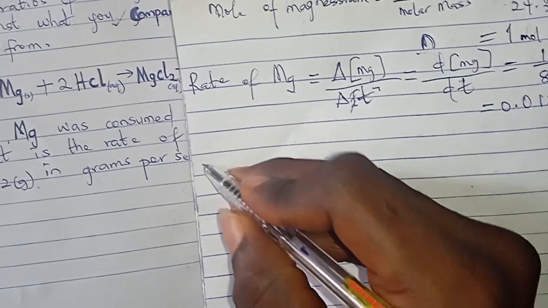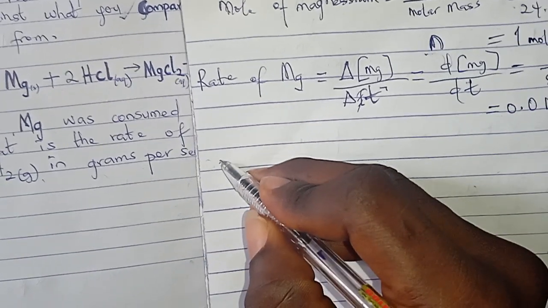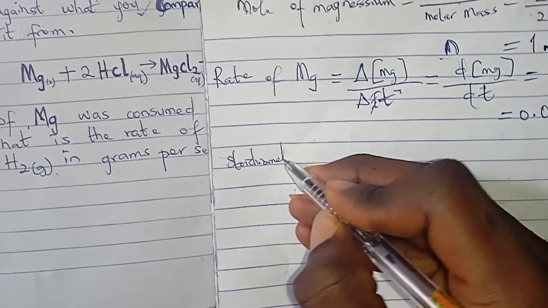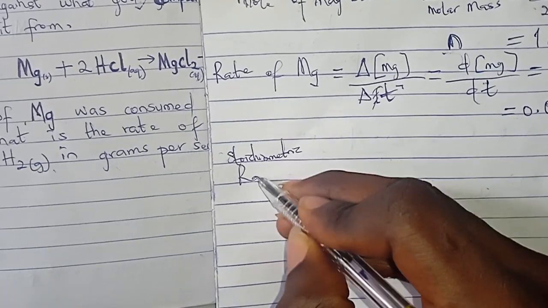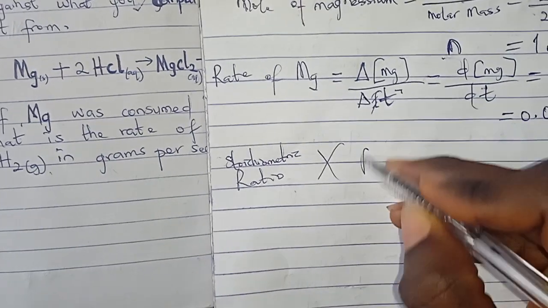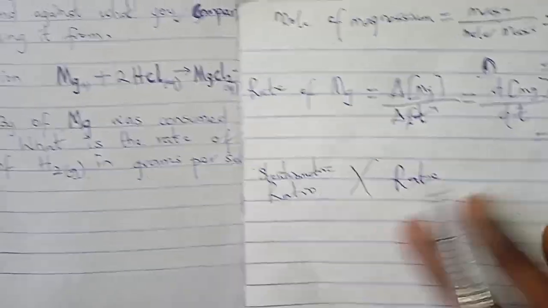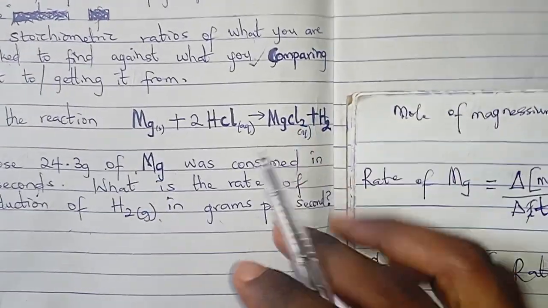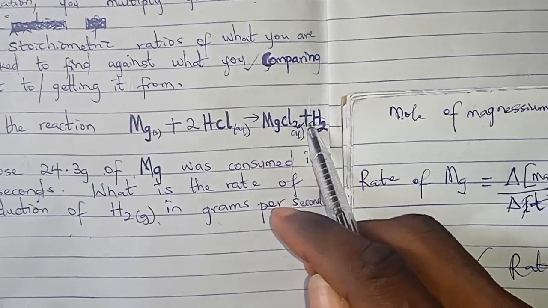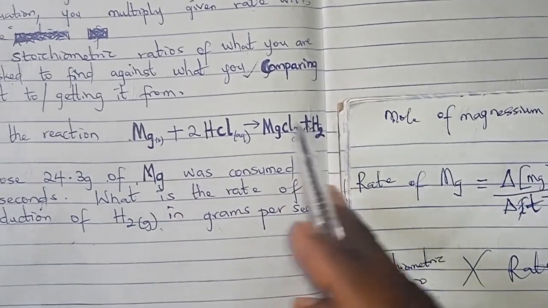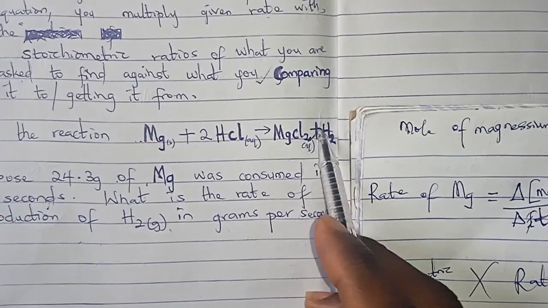We'll say rates here. Remember the formula: stoichiometric ratio times rates. So the stoichiometric ratio of hydrogen, notice this is hydrogen. The stoichiometric ratio here is 1. Magnesium is 1. 1, 1, 1, 1.